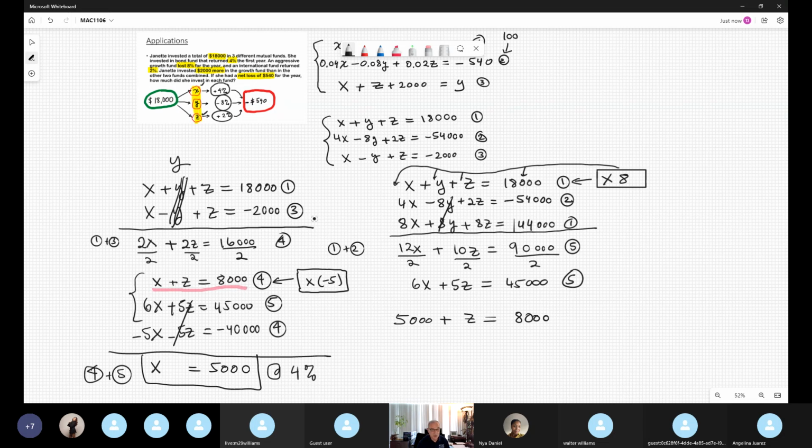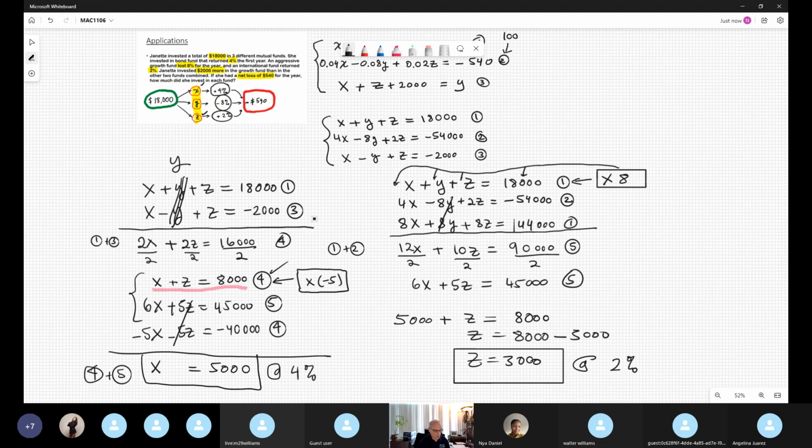Basically, I am using equation number 4. That one. z is equal 8,000 minus 5,000, 3,000. And this is the answer in the account at 2%.